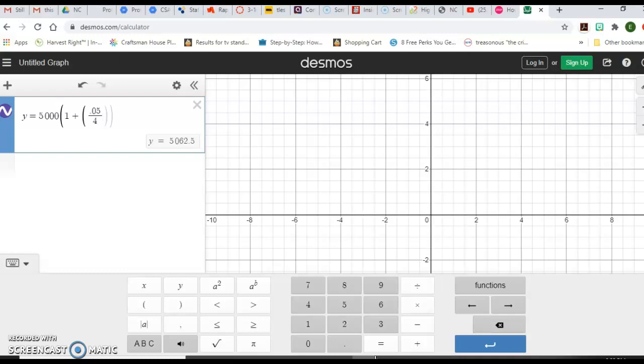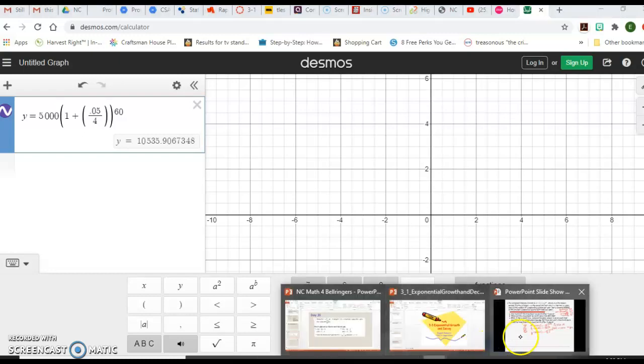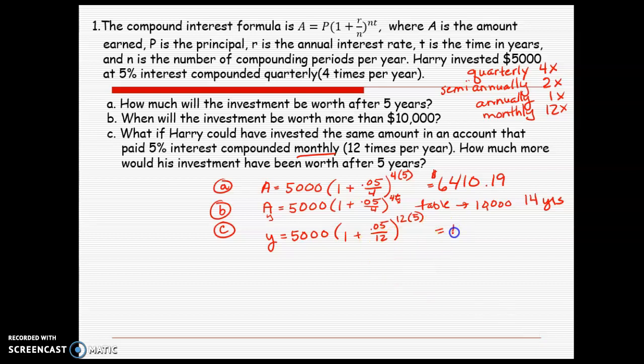Okay. Parentheses. Raised to the, and you could do it all together, 12 times 5 is 60. There we go. $10,535 and 91 cents. So that's what it would have been worth.